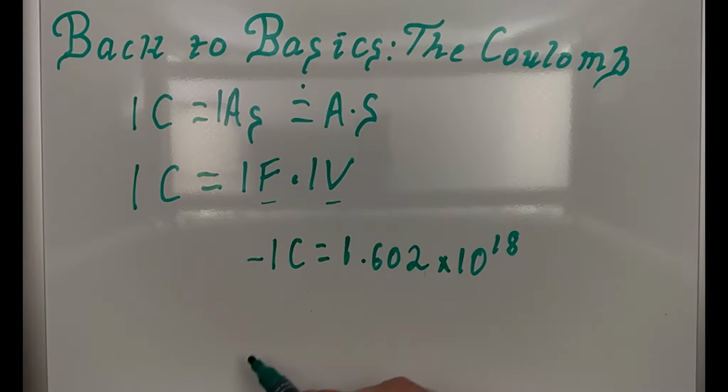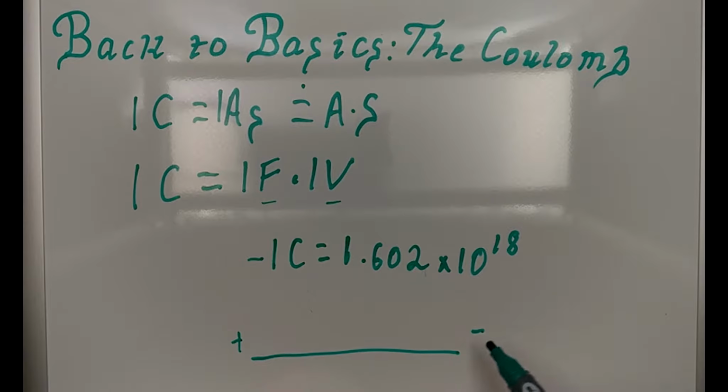Which means that if you have a conductor with 1 amp going through it, if you measure at this point for 1 second, 6.242 times 10 to the 18th electrons have passed through that point.